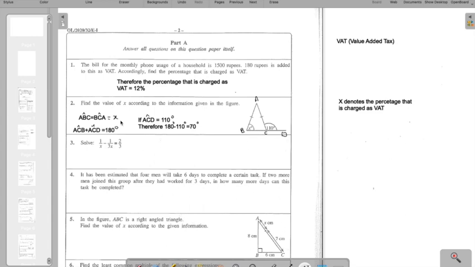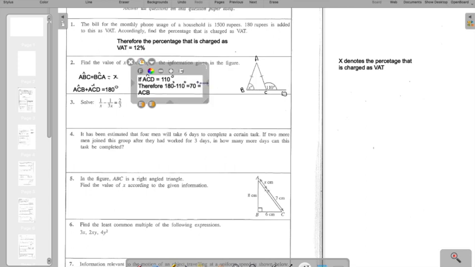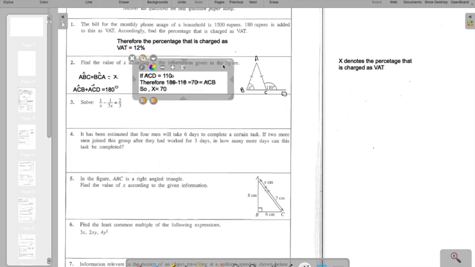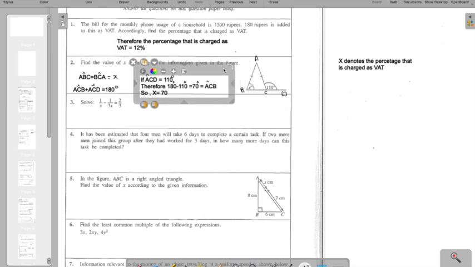So since BCA is proved as 70 degrees, 70 degrees equals ACB, it's proved as ACB. Therefore, x equals 70 degrees.